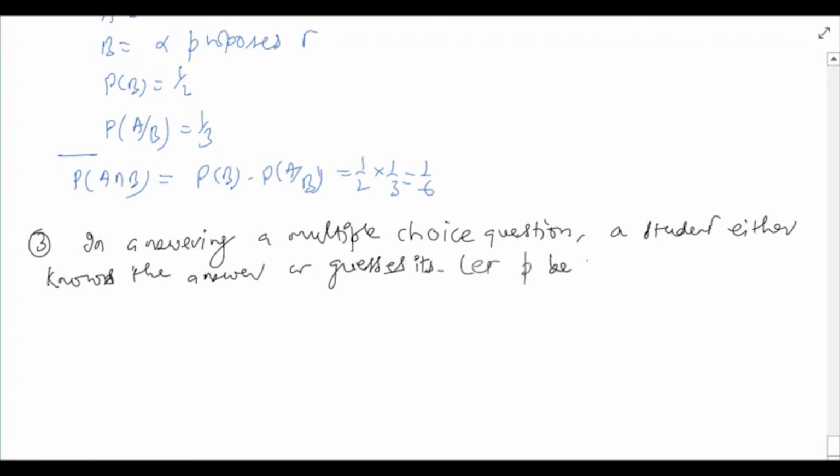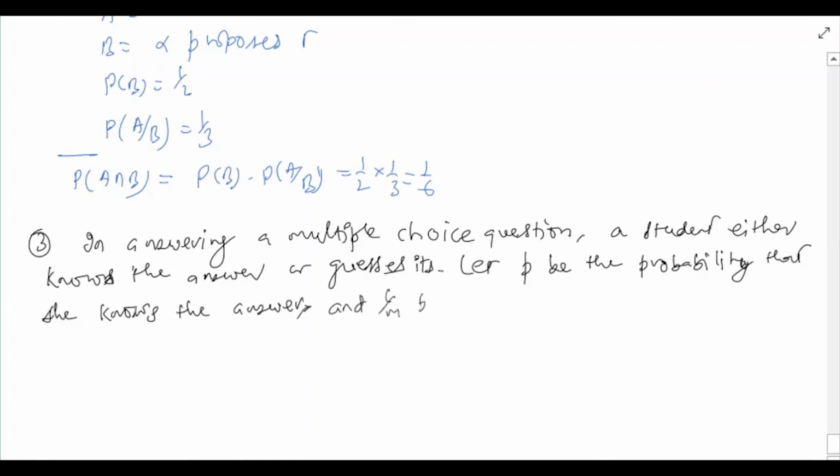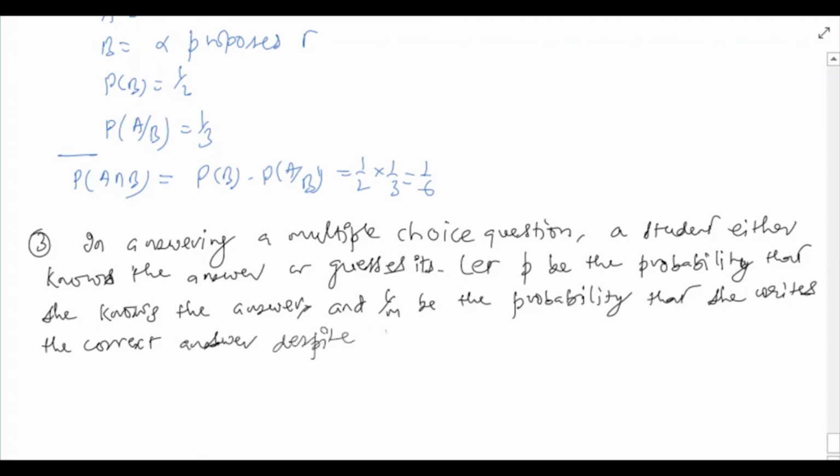Let P be the probability that the student knows the answer, and 1 by n be the probability that she writes the correct answer despite not knowing it, that is, she guesses correctly.